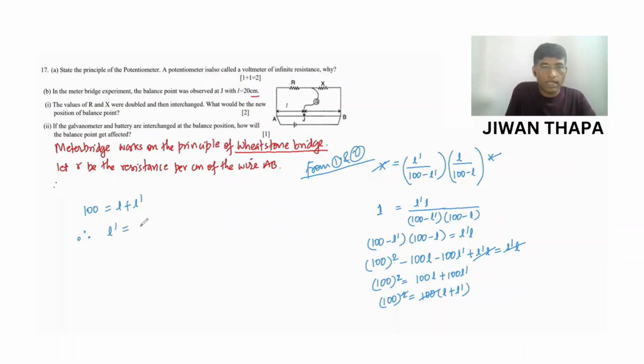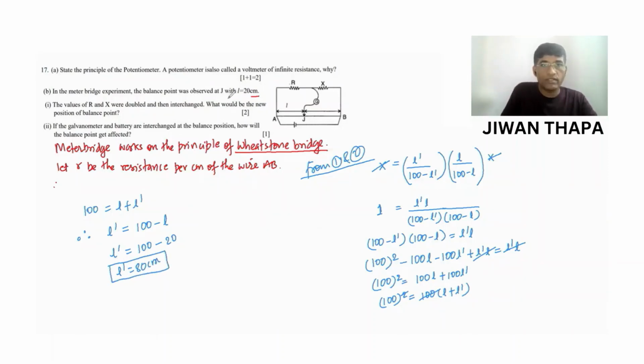Therefore, L dash equals 100 minus L. So we get this. Now, L dash equals 100 minus L, and L is 20. So L dash equals 80 centimeter.